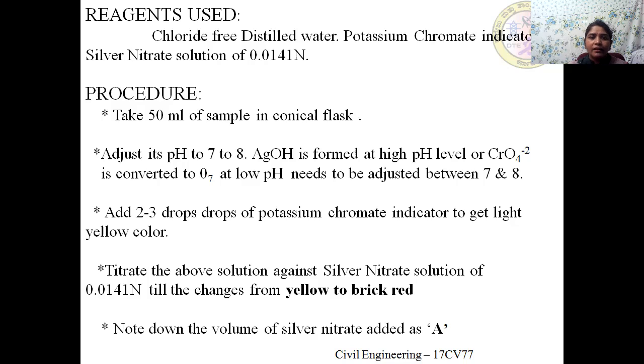You start titrating till the end point is reached, that is yellow to brick red. Once brick red appears, you stop the titration and note down the final burette reading. The difference between the final and initial burette reading gives us the volume of titrant used. Note down the volume of silver nitrate added as capital A, in ml.